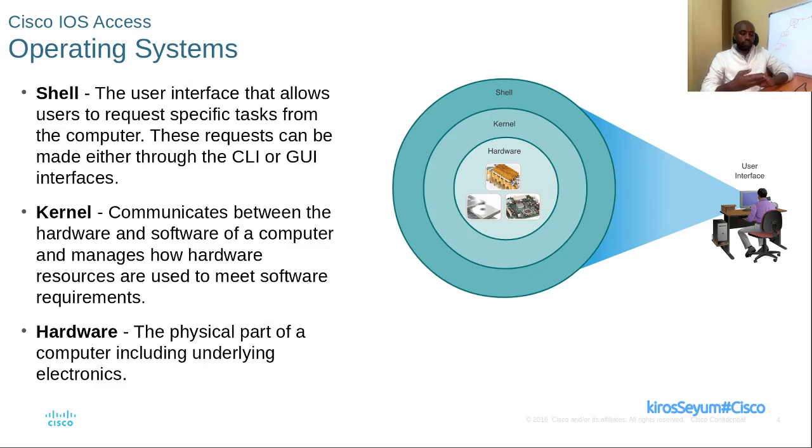Any computer uses this modality. The shell is the one close to the user or the client, and the kernel sits between the software and hardware, as the intermediary part in any operating system like Linux or Ubuntu.